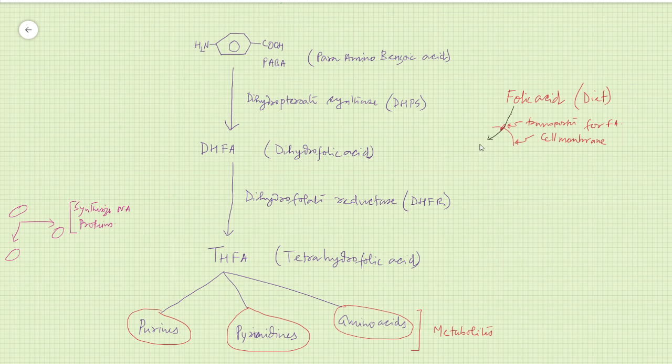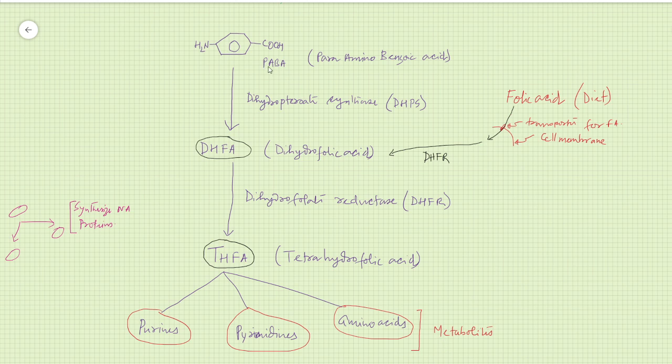That folic acid is acted upon by the enzyme dihydrofolate reductase to form dihydrofolic acid. And this dihydrofolic acid is subsequently acted upon by dihydrofolate reductase to form tetrahydrofolic acid. This step is as in bacteria.